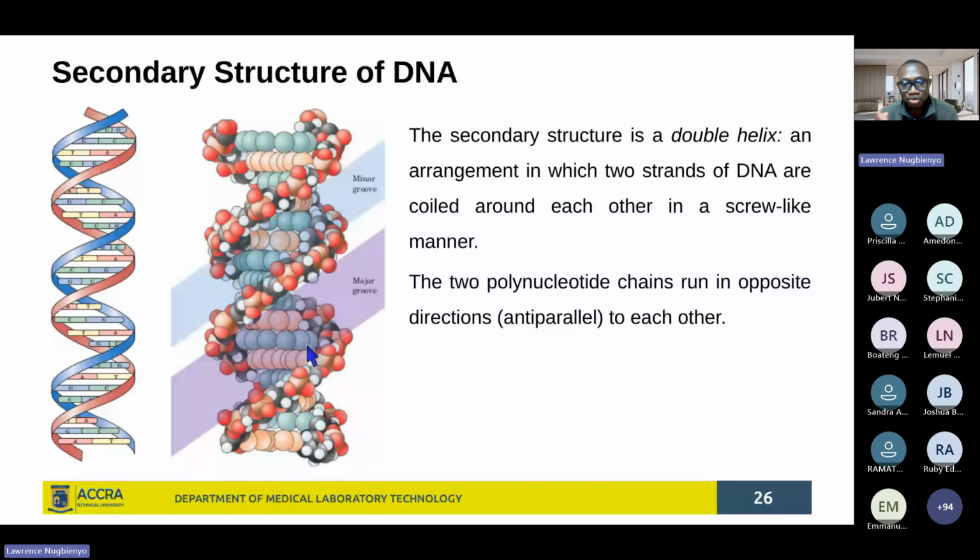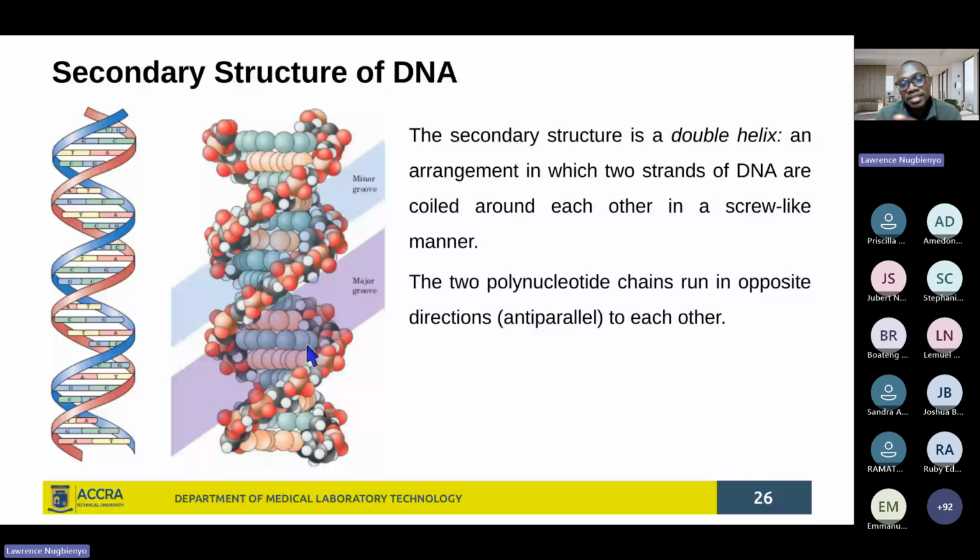Now, when you take two strands, if you are looking at the strand from top down, one strand will be running from the 5' end to the 3' end, whilst the other one will be running in the opposite direction, from 3' end to the 5' end, in order to bring the bases in close proximity to each other to have hydrogen bonding between them.